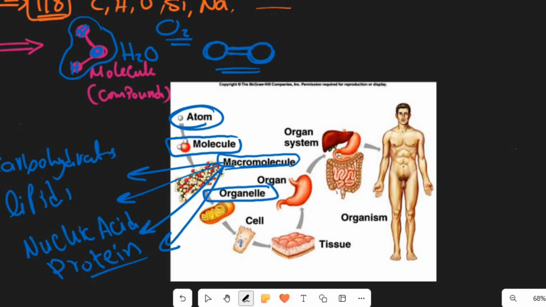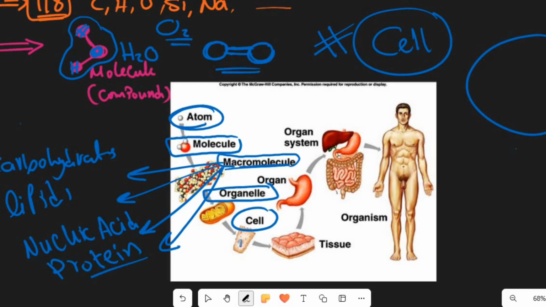But before I explain the organelle, I want to explain what is the cell. You have to know that the basic unit of any living organism is called cell. And this cell has many constituents, like nucleus, like mitochondria, like vacuole, and all of those things.